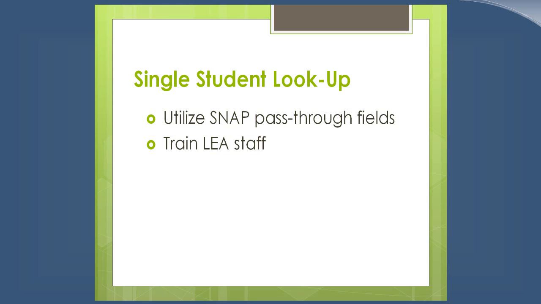You most likely won't utilize a SNAP case number in your algorithm, but someone can come in with an application with a SNAP case number on it, go into your child nutrition portal, type in that case number, and match it against a SNAP master file to find that kid. It's a quick and easy way to move that kid from application to a direct certification. So that's something you may want to look at.